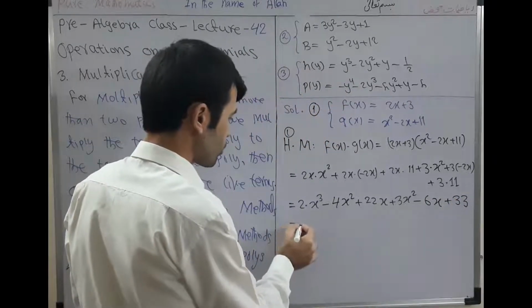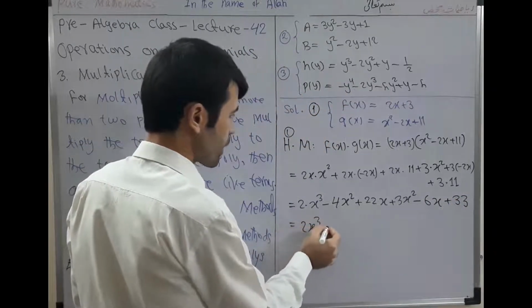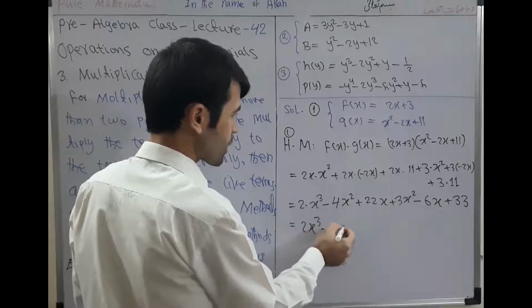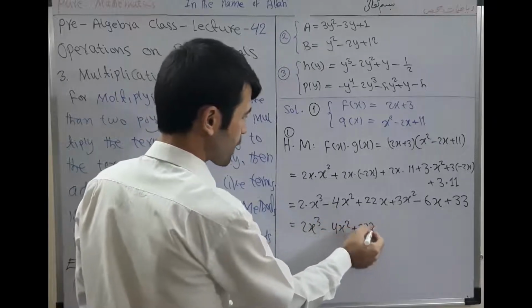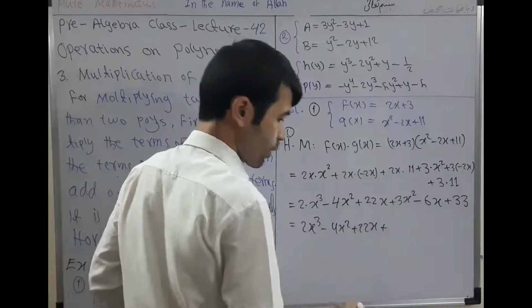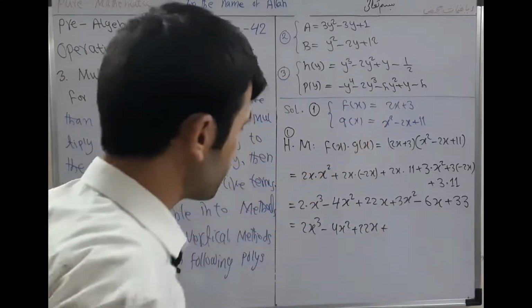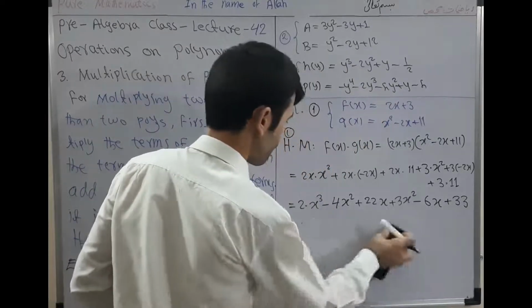It is equal to 2x cubed minus 4x squared plus 22x plus 3x squared minus 6x plus 33. We want to add the like terms here.